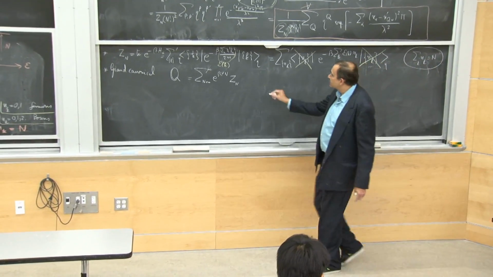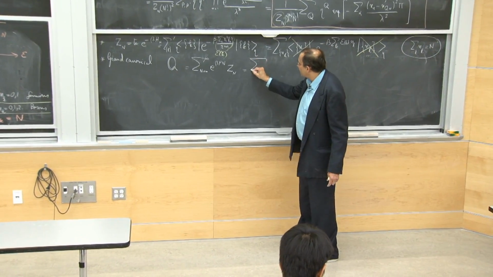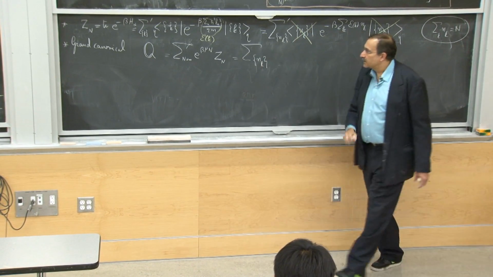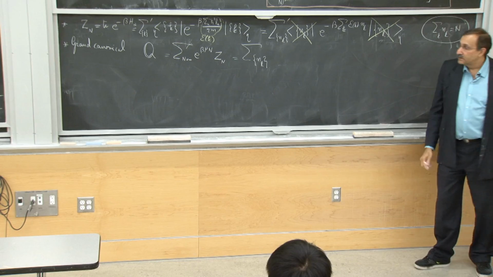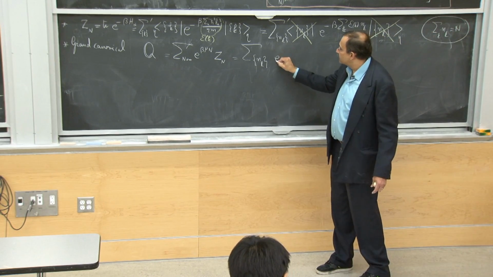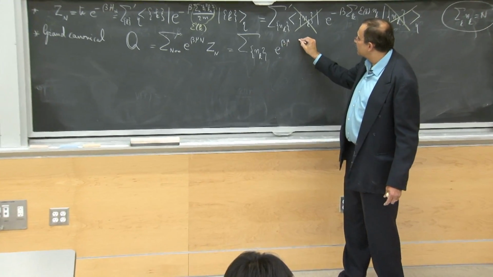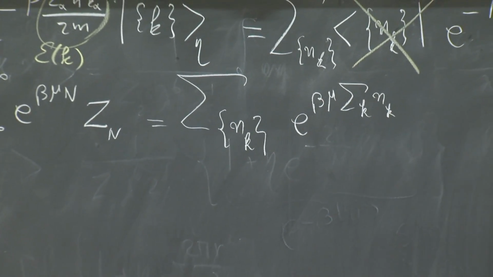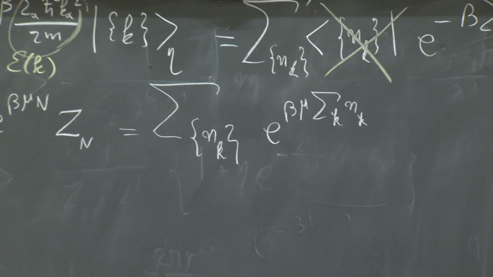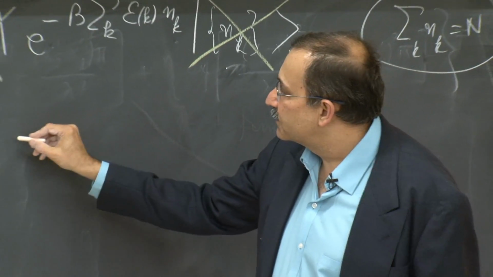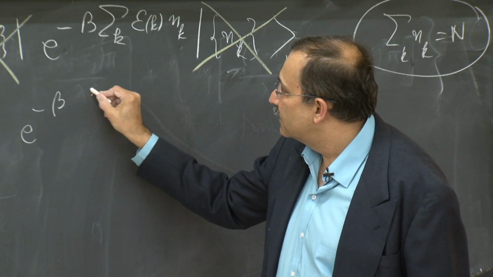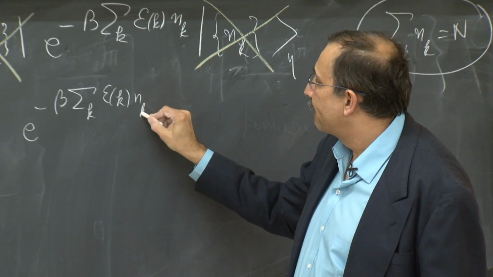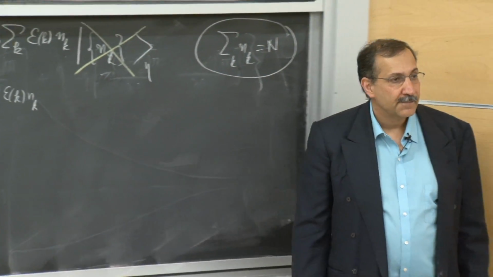So now I can sum over all of the nks without worrying about any constraint, provided that I multiply with e to the beta mu n, which is a sum over k of nk. And then the factor that I have here, which is e to the minus beta sum over k epsilon of k nk.